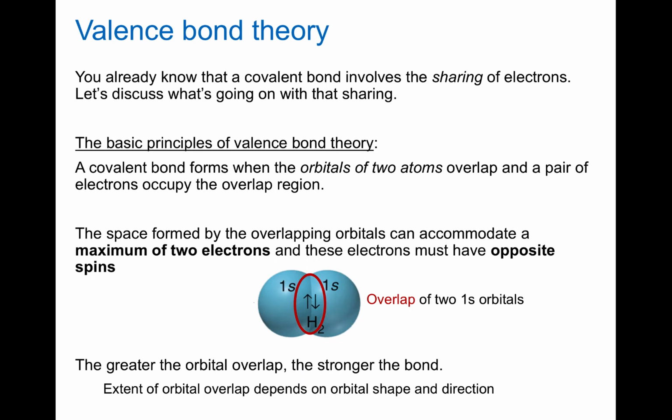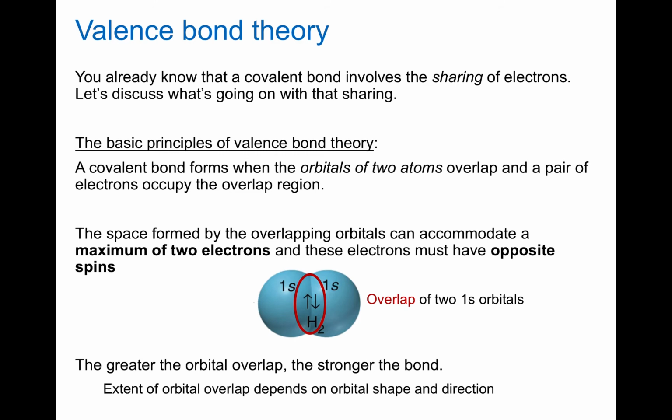In valence bond theory, we're going to talk exclusively about covalent bonding, which involves the sharing of electrons. And so we need to look at what is actually going on with the sharing of electrons. In chapter 8, we talked about electron configurations and atomic orbitals, and those are fine for an atom when it's all by itself. However, the orbitals are going to change a little bit when the atom undergoes covalent bonding.